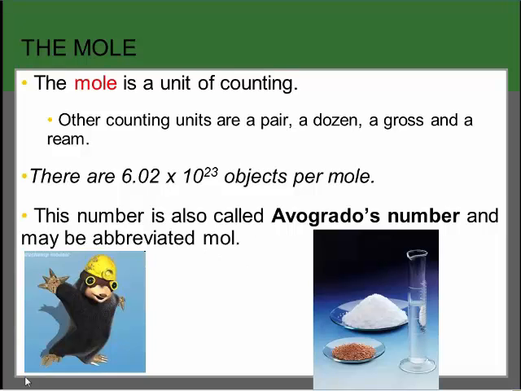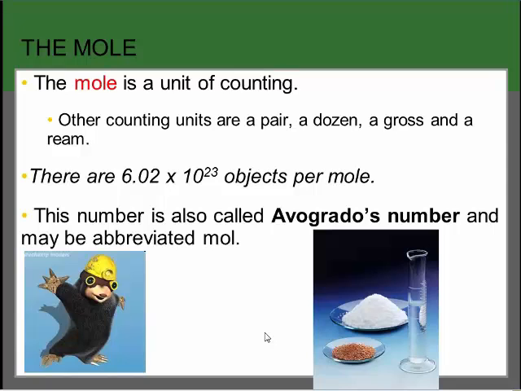The American Chemical Society has as its mascot an actual fuzzy mole, just as a sort of tongue-in-cheek joke with the mole. And here's a mole of sugar, a mole of copper, and a mole of water. So each of these three samples here has the same number of atoms or molecules present. Notice they come in different quantities because the unit formula for each of these three is different, and so they have different masses.